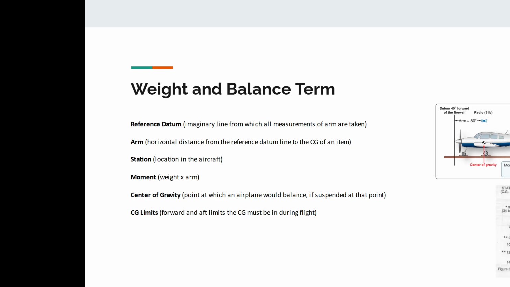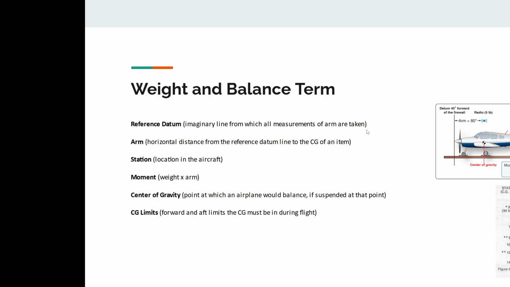As you see in this bottom right example, there are various stations along the aircraft. You have, for example, the pilot and passenger station, a rear passenger station, maybe 2 different baggage compartment stations, and also a fuel station, which isn't shown here, but would be in your pilot operating handbook that you can check when you're calculating.